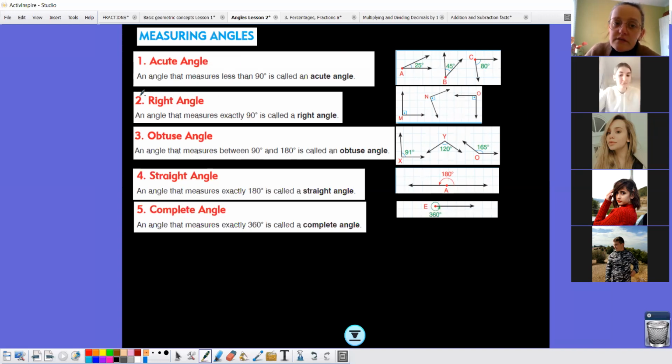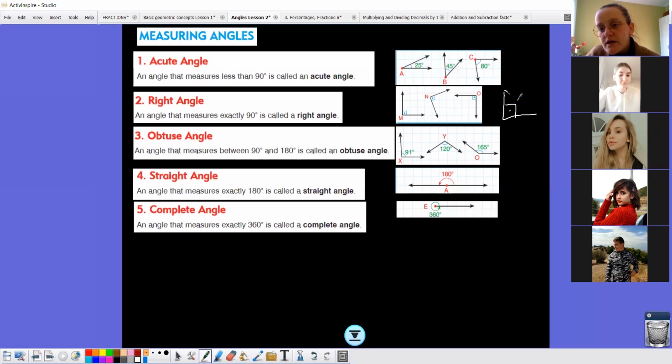Yes, teacher. So then the second type is right angle. An angle that measures exactly 90 degrees. If the measurement of an angle is equal to 90 degrees, it's called a right angle. As you can see, we show the right angle with this symbol, like a square and a dot on it.